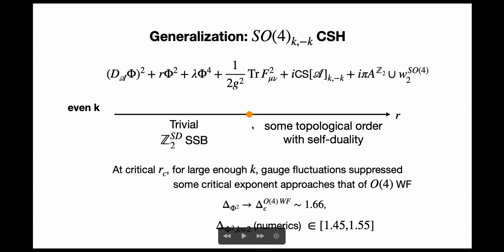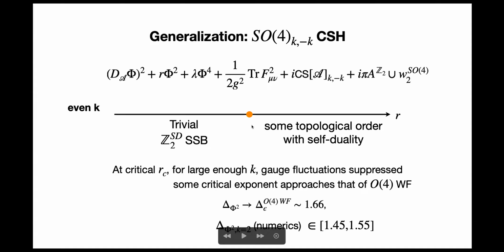And when you have this theory, you can now make some arguments about the criticality, especially for sufficiently large k. You know that the gauge fluctuation should be suppressed, and you expect that the critical point should approach the O4 Wilson-Fisher fixed point, and in particular for the phi field, you should approach the O4 Wilson-Fisher prediction, which is around 1.66.